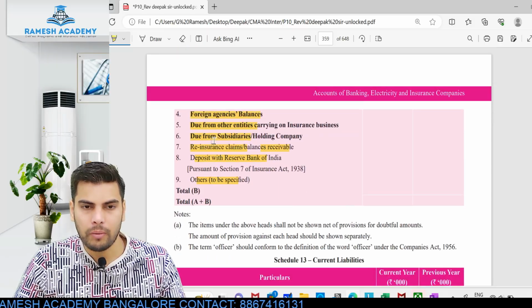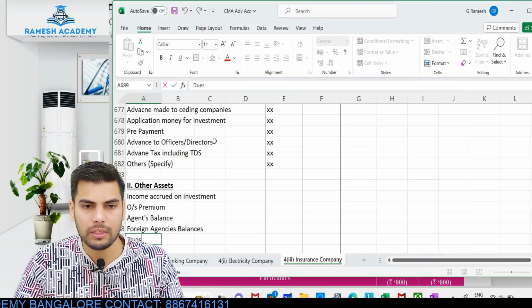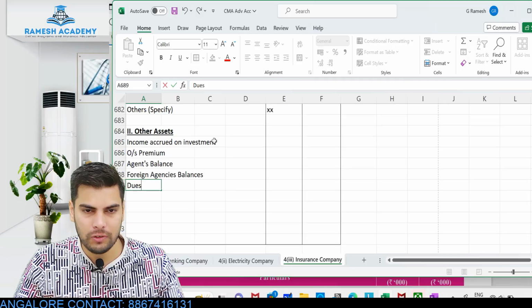Then we have got due from other entities, any amount which I am supposed to receive from other entities. Due from is as good as the amount which I am supposed to receive from another company.